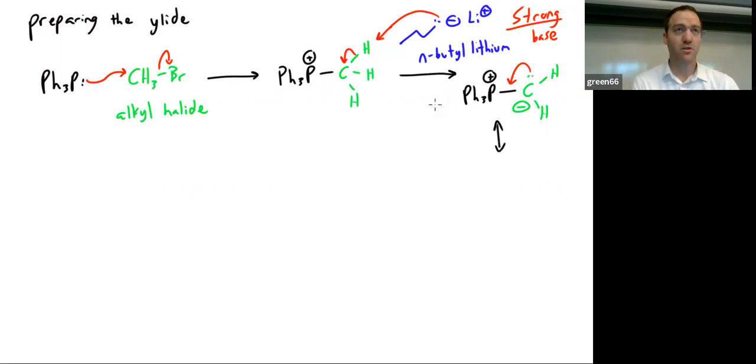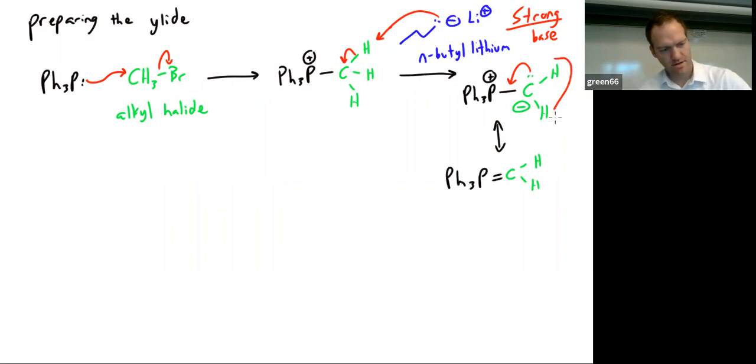This is, I think, the most helpful way to draw it because you see the negative charge on the carbon. This thing is the ylide.